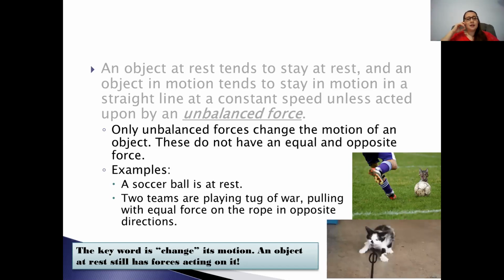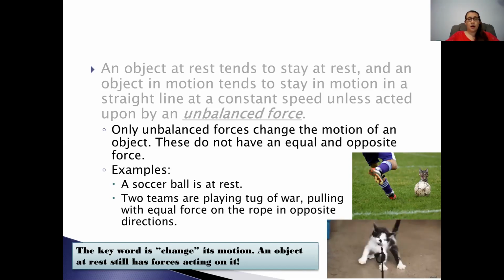Another example, playing tug of war. Two teams are playing tug of war, and they're pulling with equal force on the rope, but in opposite directions. Well, in this case, neither team is going to go anywhere. They're just going to keep getting more and more tired until one team starts pulling harder than the other.